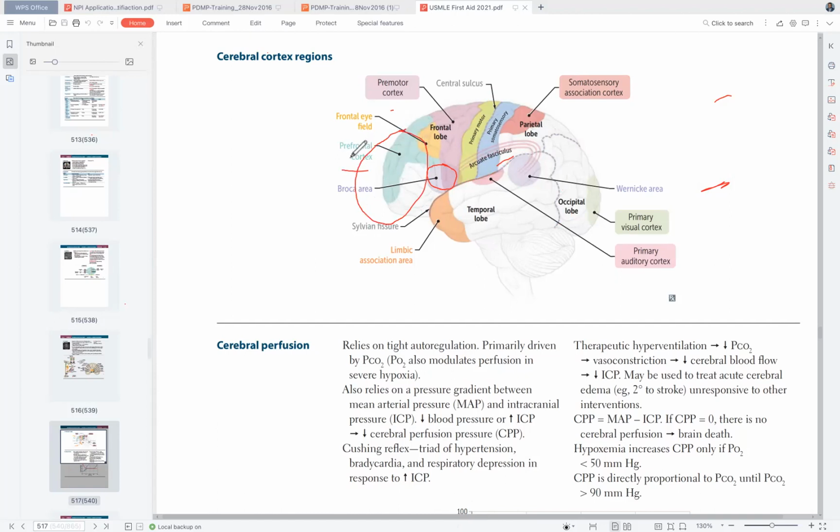So they'll have a problem with executive functioning and cannot do decision making. And also the visual cortex: if they hit you from the back, you also have a problem with vision. We'll see more about that when we come to where all the tracts move, and we'll talk more about it.